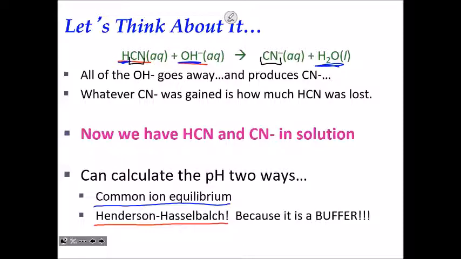So adding in the hydroxide produces the CN, the conjugate base. And if you have both the acid and the base in solution, it happens to be a buffer. So you need to recognize it as a buffer, and then you can calculate the pH either using common ion equilibrium or the Henderson-Hasselbalch.